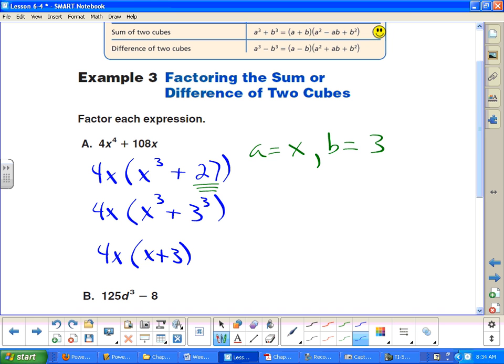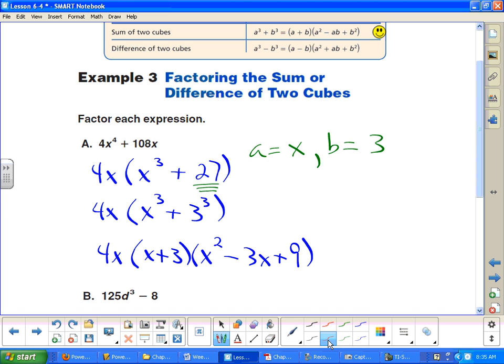And then we've got a squared, which is x squared. Then it says minus a times b, which means we're just going to multiply x and 3 together, so 3x. And then we said plus b squared, which is 9.